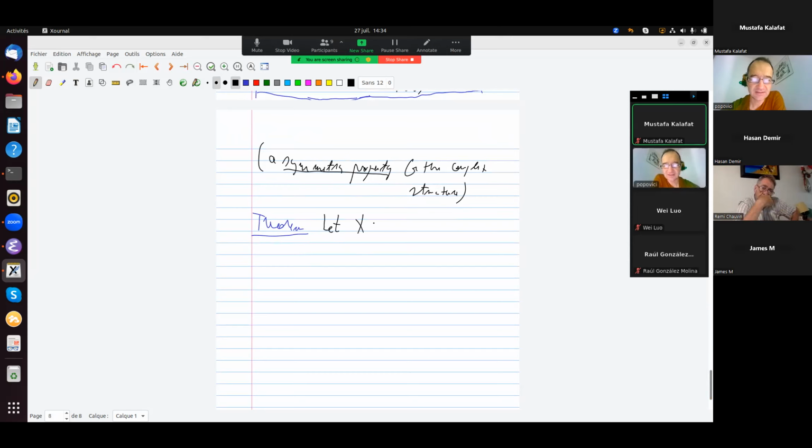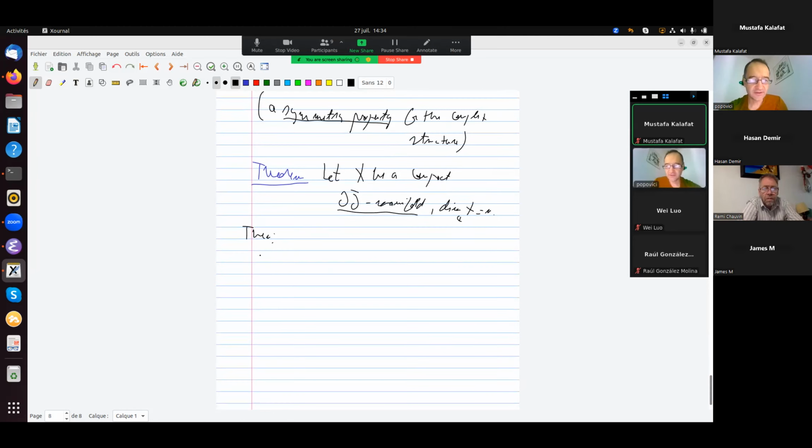So let X be a compact complex manifold. Let us assume that it is dd bar. Let X be a compact dd bar manifold of complex dimension n. And then two things happen, or maybe three things. Let's say the following thing.